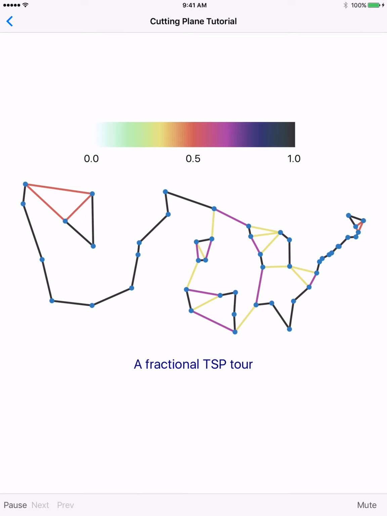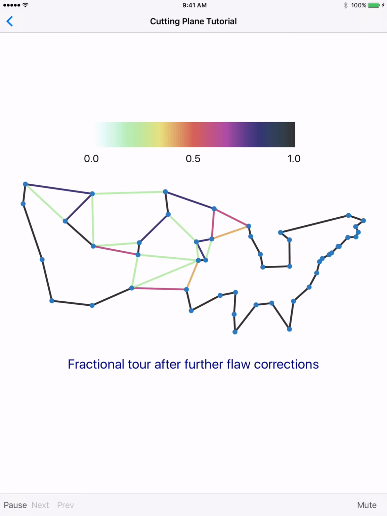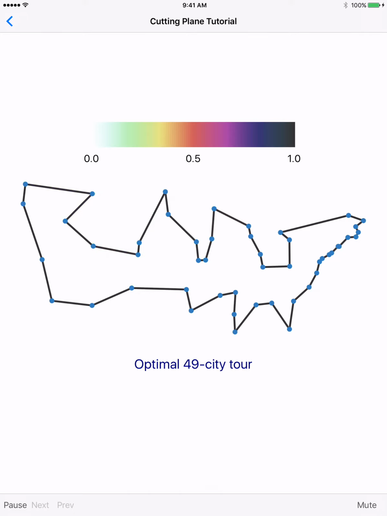Instead of working directly with tours, they repeatedly solve a relaxed version of the problem, permitting the salesman to use fractions of roads, sending half of himself or herself one way, and half the other. In the middle of the process, their fractional solutions are not routes you could actually drive or walk, but by gradually correcting more and more flaws in the solutions, they zero in on a proper tour. And once they have it, they know it is the shortest possible route.